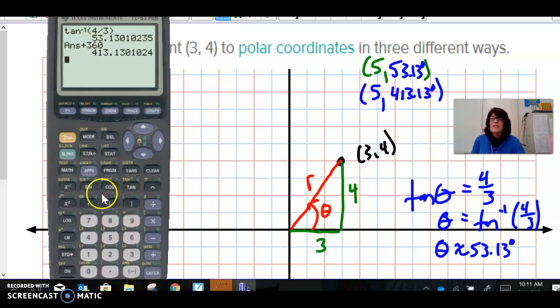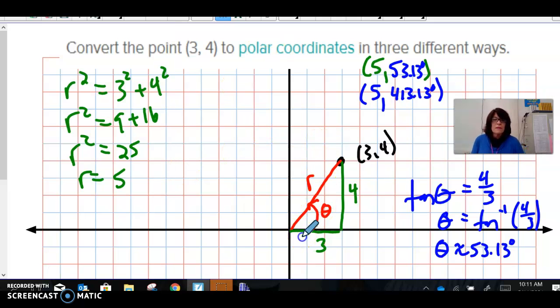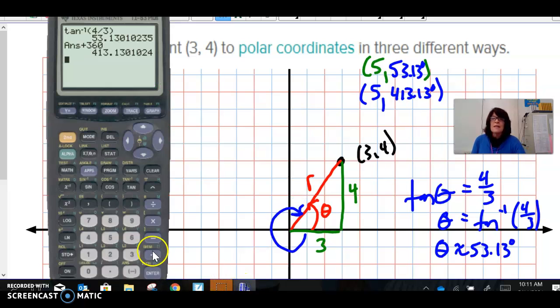And then I might just take, maybe I want to go this way. Okay, so I am going to take 360 minus 53.13.